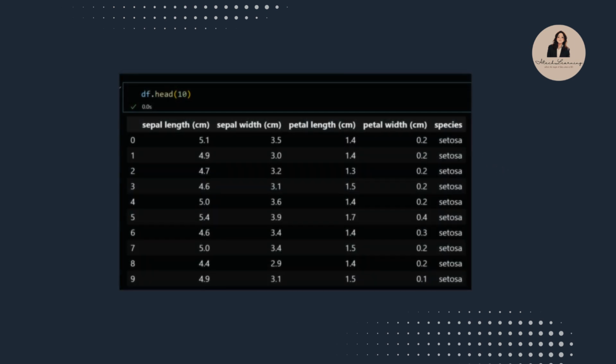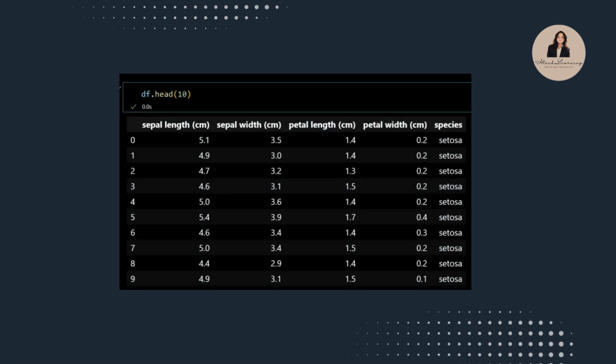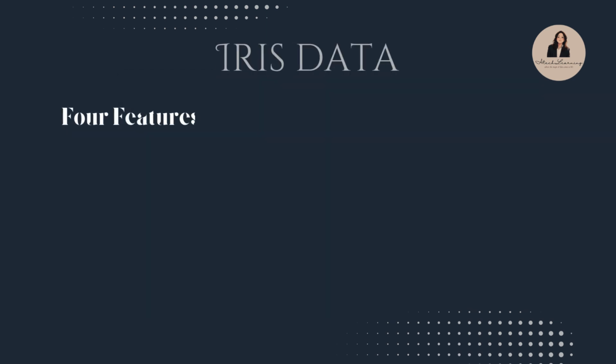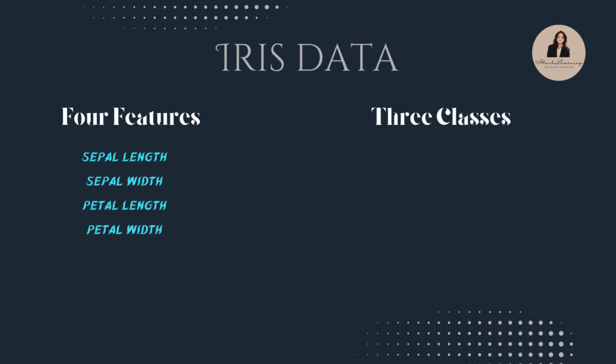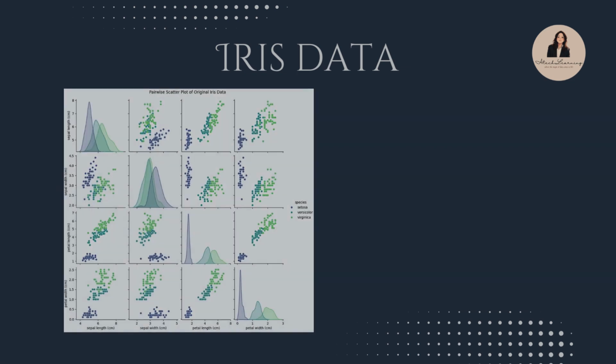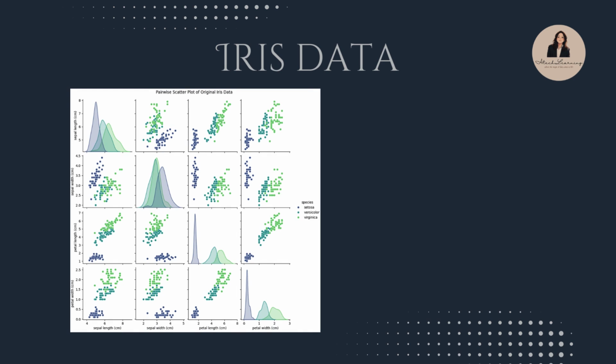In brief, consider an iris data set which is non-linear in nature, and it has 4 features, that is sepal length, sepal width, petal length, and petal width, and 3 classes, that is setosa, versicolor, and virginica. So these are the 3 species of iris. This is how it looks in a pairwise plot. So it is 4-dimensional data.